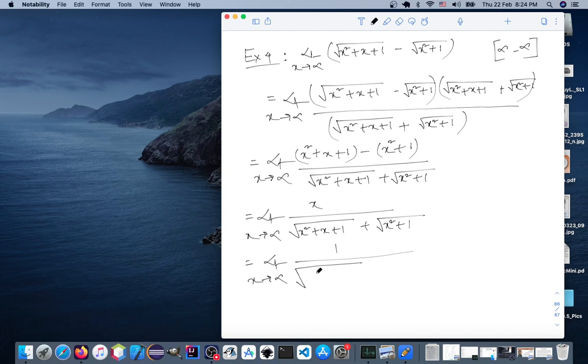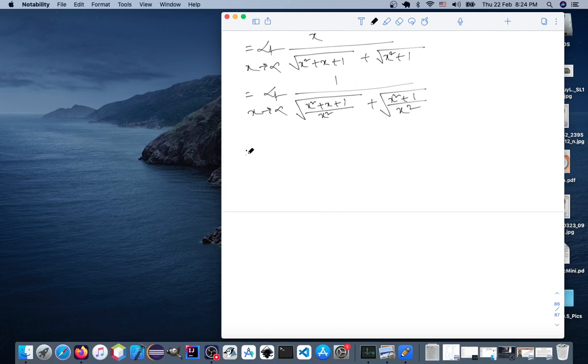So we get something like x square plus x plus 1 divided by x square, plus x square plus 1 divided by x square. This further becomes 1 by root over 1 plus 1 by x plus 1 by x square plus root over 1 plus 1 by x square.